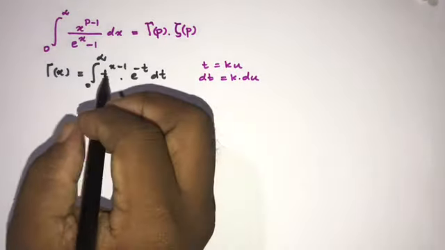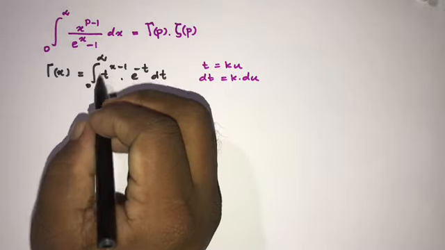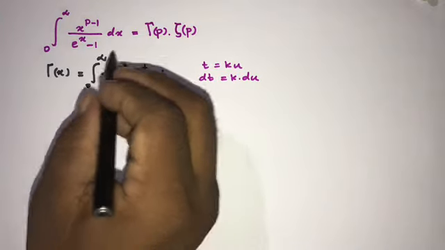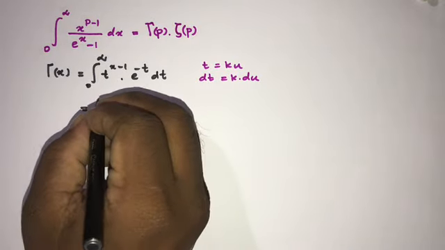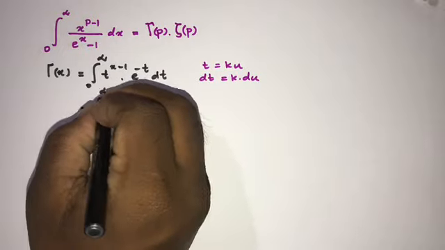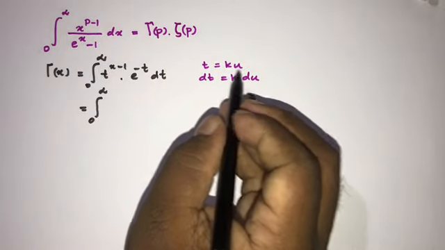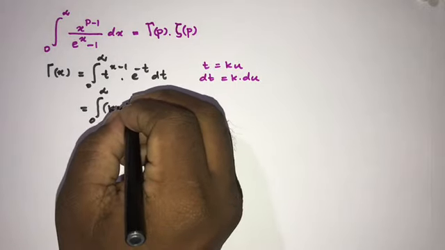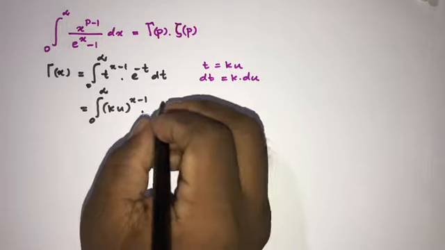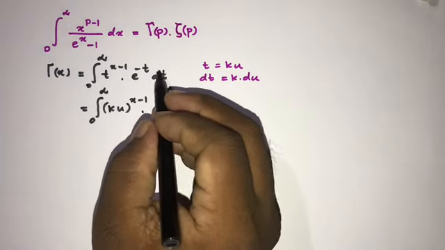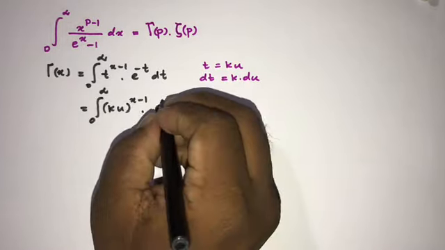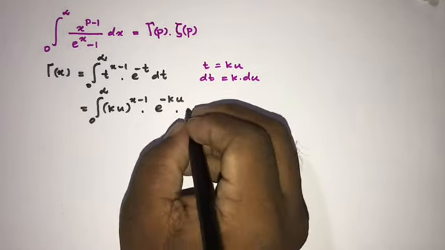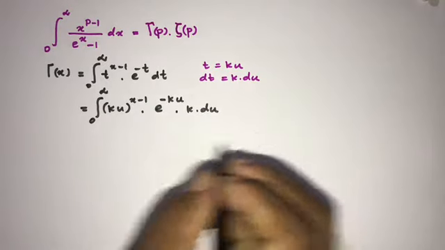Now the limit is 0 to infinity, and after substitution the limit is also 0 to infinity. Now t is equal to k times u, so (k times u) to the x minus 1 times e to the minus t, and since t is equal to k times u, that is e to the minus k times u, times dt, where dt is equal to k times du.